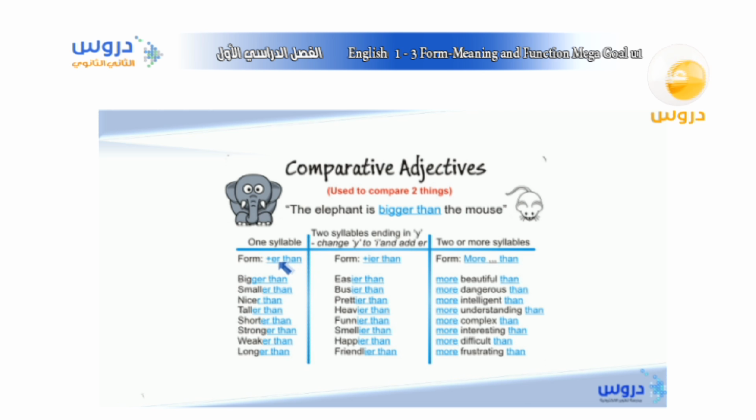With one syllable, we add ER. Clear? So, with one syllable, we add ER. But why here did we add another G? Why did we double the last letter? Think about it. Here, it's not doubled.